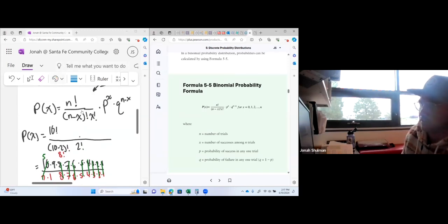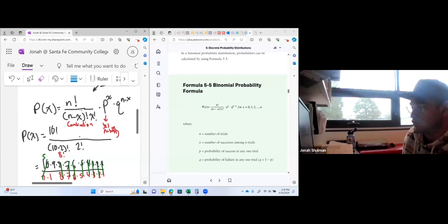I'll just reiterate this is the combinations. It's every possible combination. This is the probability of yes, the probability raised to how many people it was, raised to how many was yes.